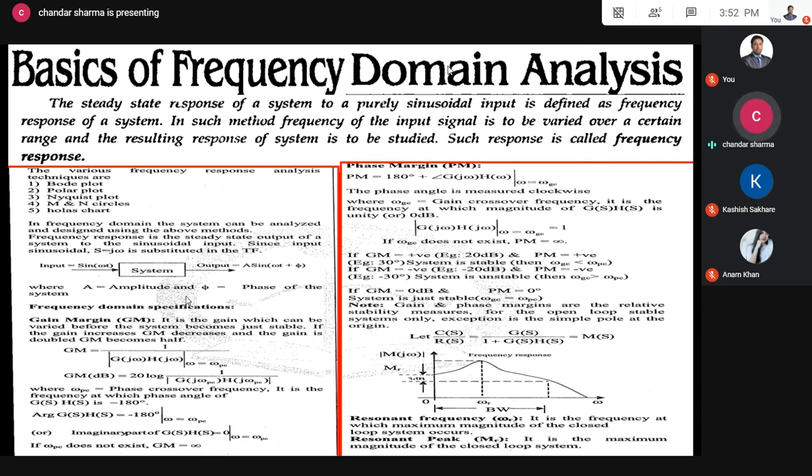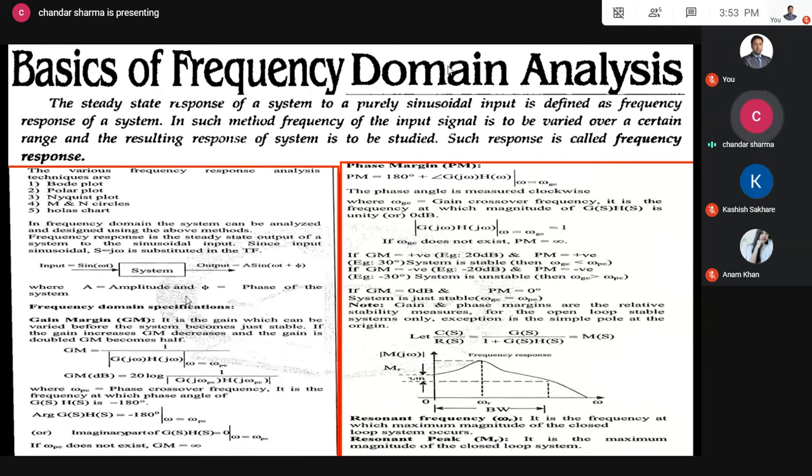Then resonant frequency, the frequency at which resonance occurs is called resonant frequency. Then cutoff frequency, the frequency at which C by R is equal to 1 by root 2 is called cutoff frequency. Then there is bandwidth.